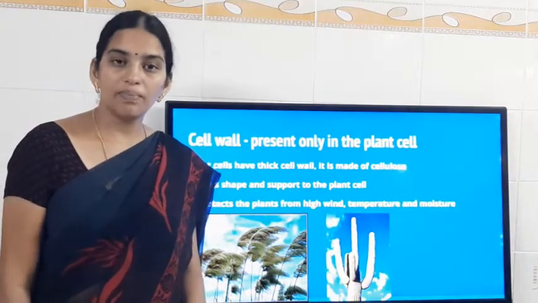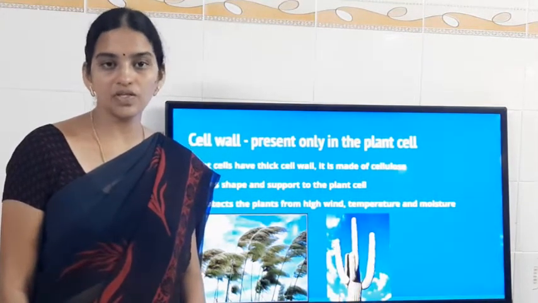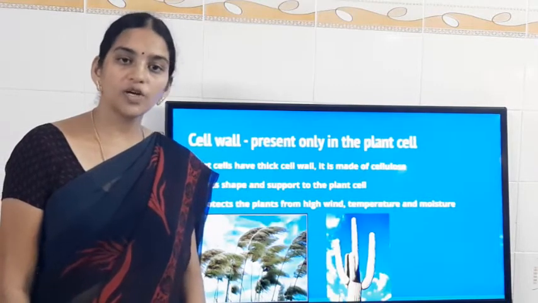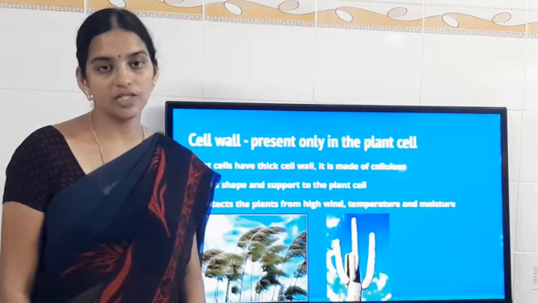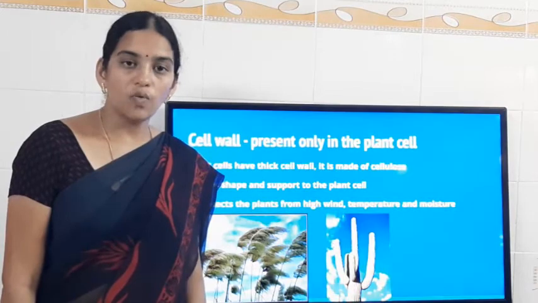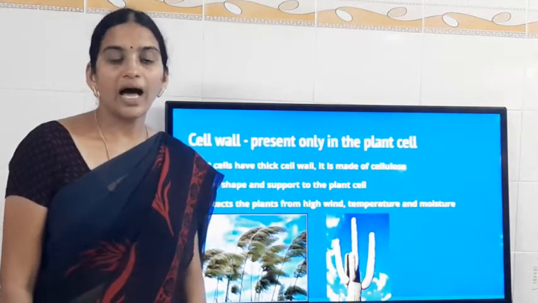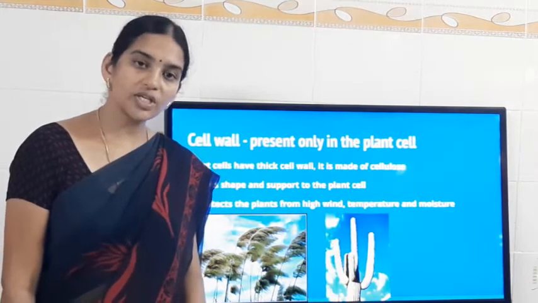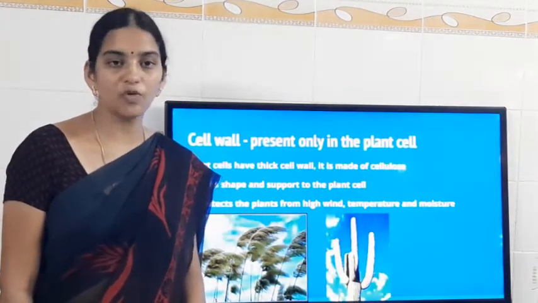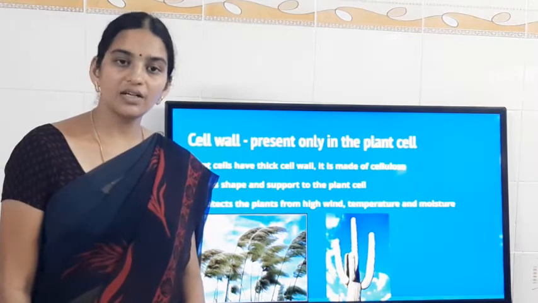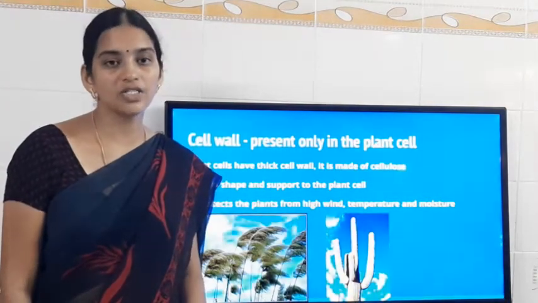It protects the plant from physical damage such as high wind and extreme hot and cold conditions, and it provides strength to the plant. As plants are fixed in one position, they cannot move to a safer place from the physical changes occurring in their surroundings.